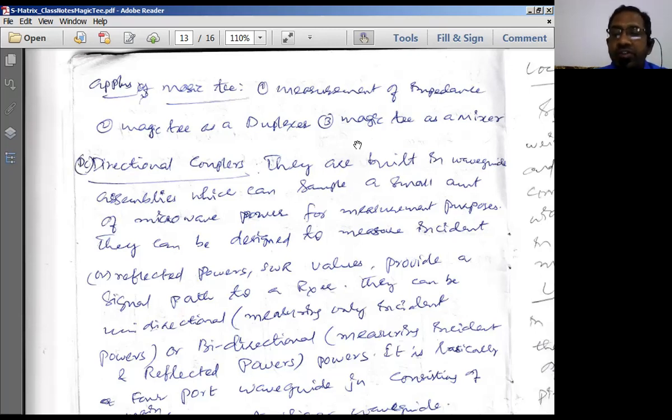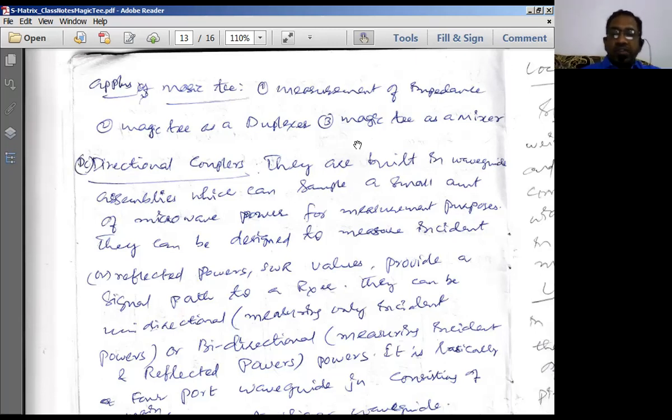The simple utilization of a duplexer is that we get simultaneous operation of transmission and reception. In our mobile phones, because of the duplexer only, we are able to communicate simultaneously, both transmitting and receiving voice signals.